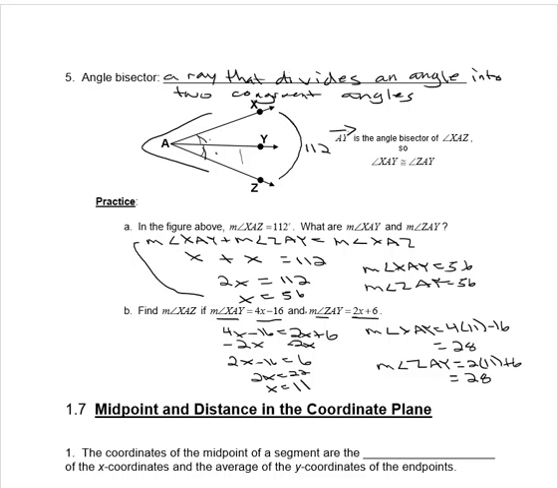So we're good. ZAY is 28 and XAY is 28. So the measure of angle XAZ, the whole thing, is 28 plus 28, which is 56. This came from adding XAY and ZAY.